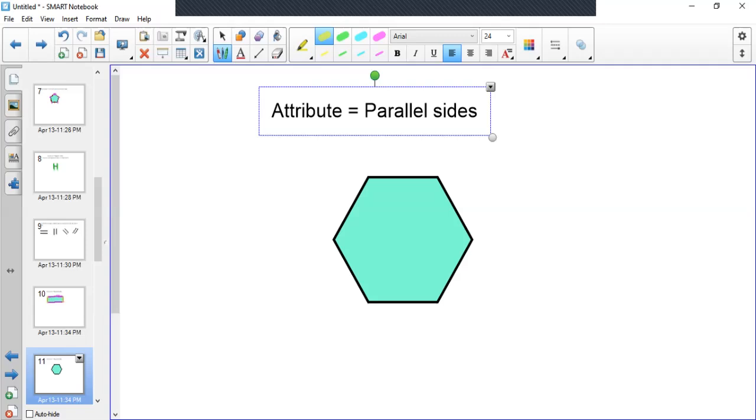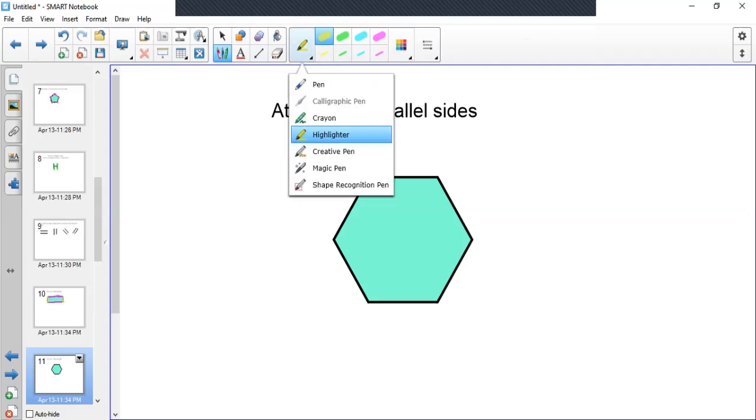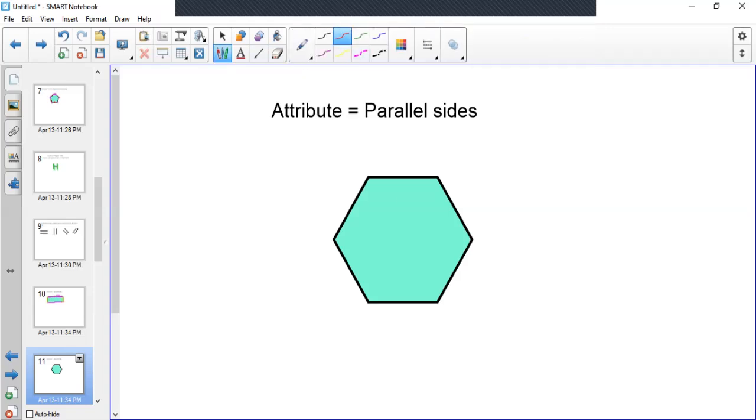Can you identify any attributes of parallel sides within this hexagon? Let's see. Well, we have one set, which is top and bottom lines.